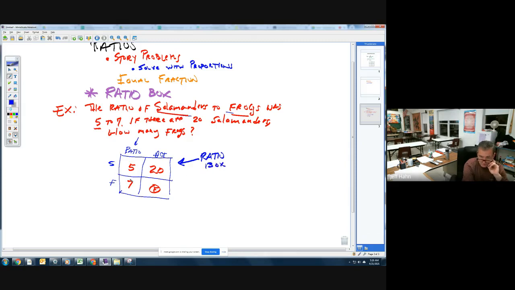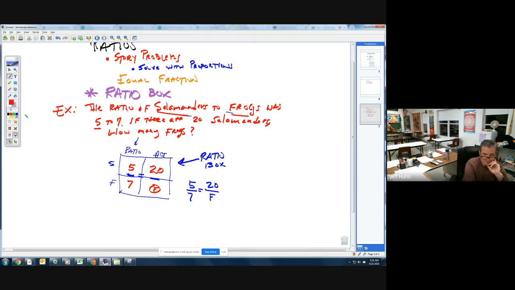We can solve this just like proportions or equal fractions. I put a fraction line here and an equal sign and rewrite it outside: 5 over 7 equals 20 over how many frogs?